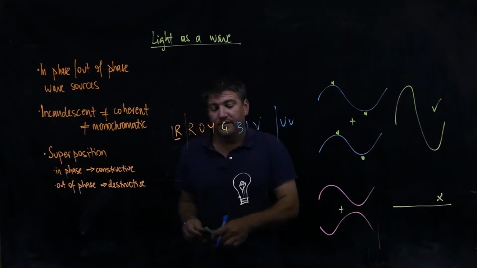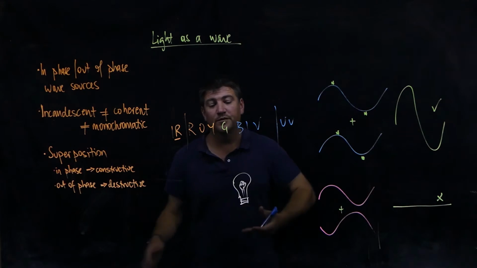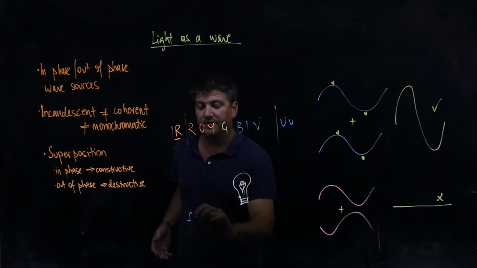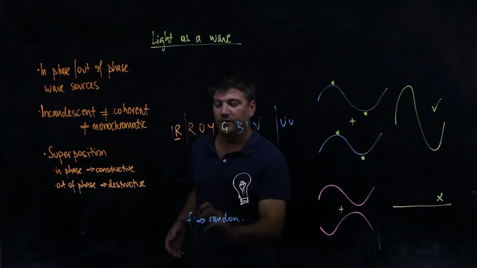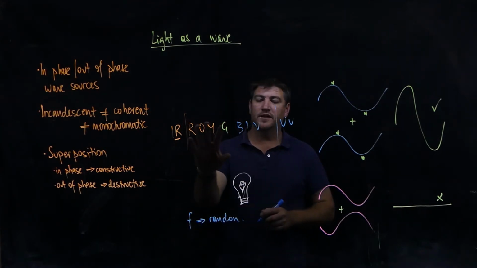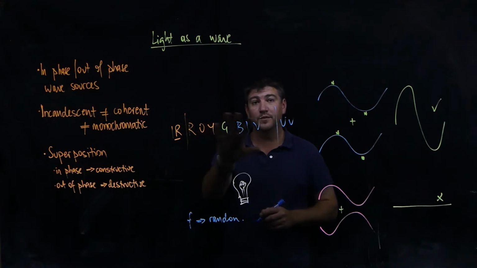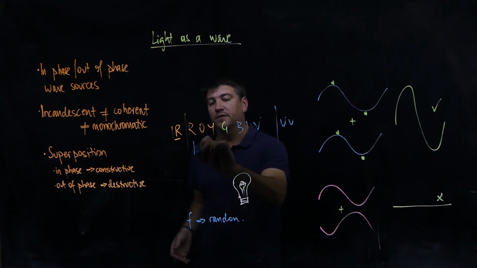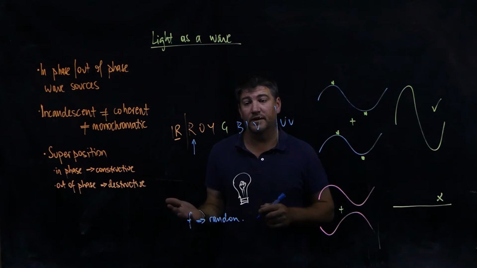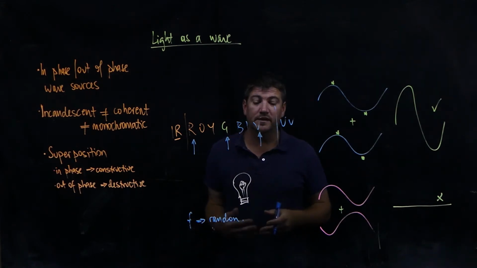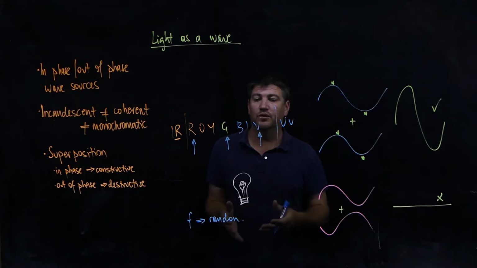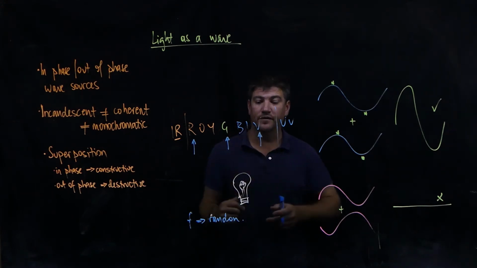So because we have charged particles vibrating backwards and forwards, they're all doing it randomly. So the frequency is going to be reasonably random to a degree. So once we get the filament hot enough so it's somewhere in this visible spectrum, we'll have some of them vibrating at a frequency that will give off red light, some of them somewhere in the greens, somewhere down here, and the hotter the globe gets, the more you'll have towards the blue end of the spectrum.